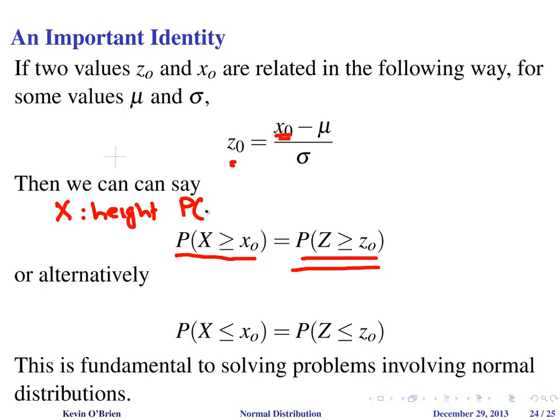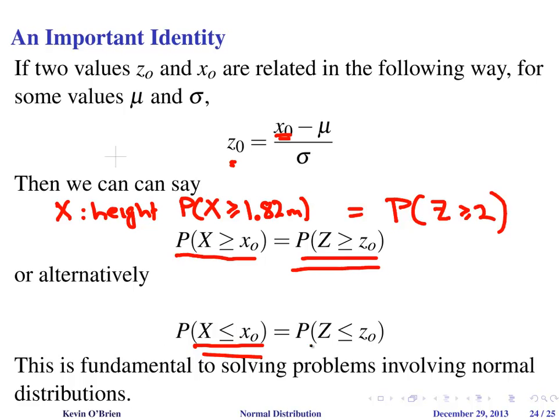That could mean the probability of X being greater than 1.82 meters is equal to the probability of Z being greater than 2, let's say. This is an identity we could use. This is just the complement approach.